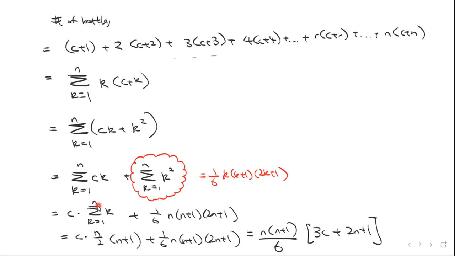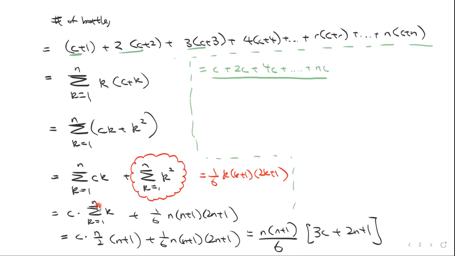Just to be clear, in case sigma notation is causing some confusion, what I'm really doing is thinking of it as C plus 2C plus 3C plus 4C plus up to NC. I'm just grouping those together first. Then I add 1 plus 2 times 2 plus 3 times 3 plus 4 times 4, and so on, plus N times N, which is N squared.